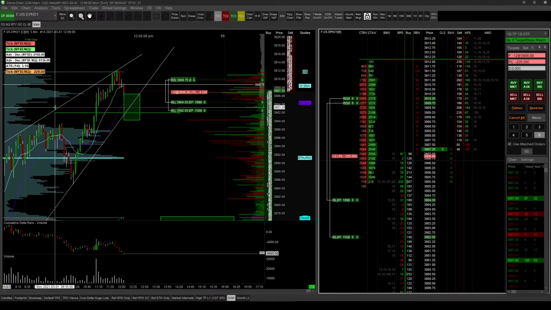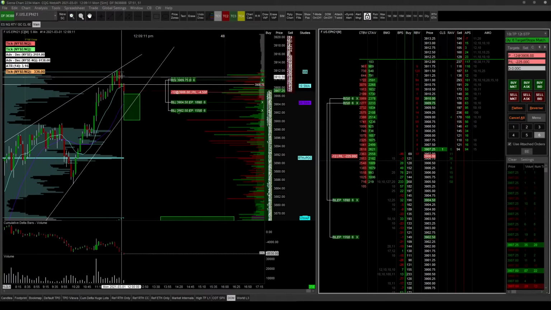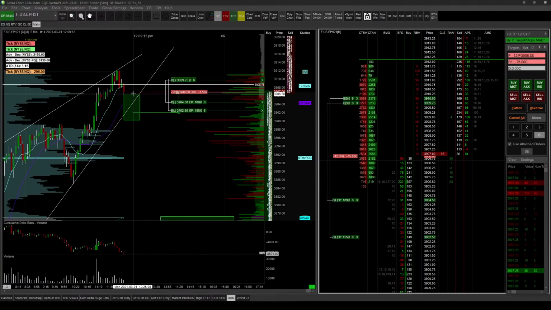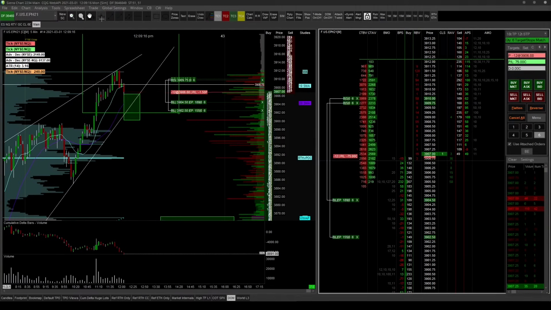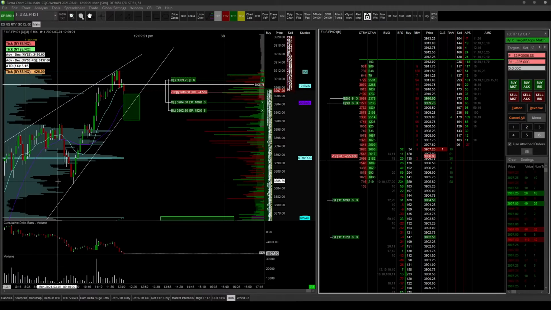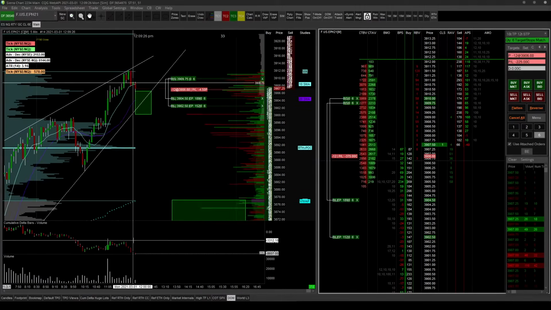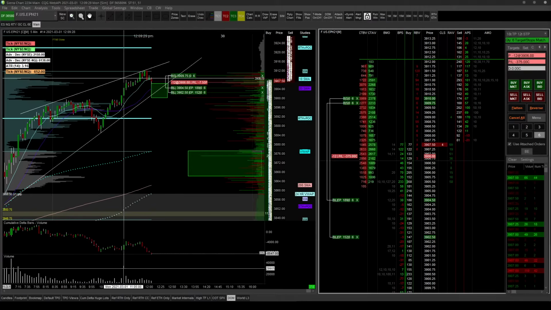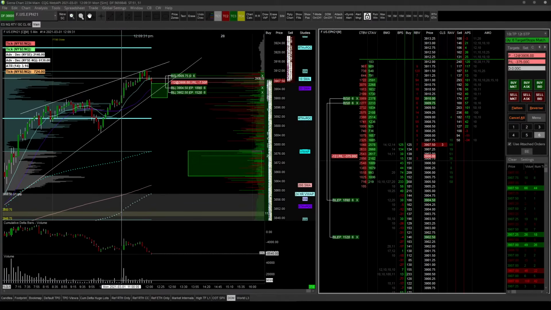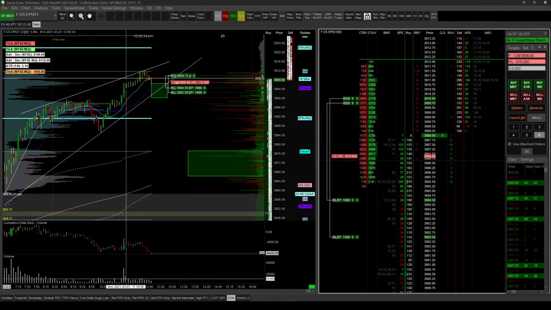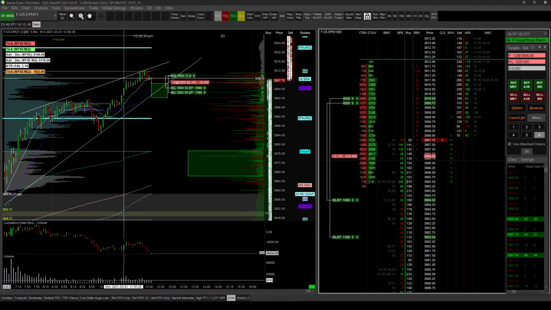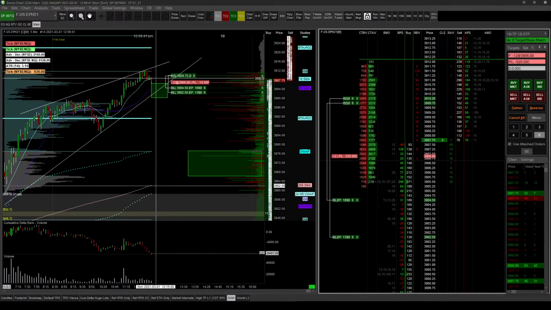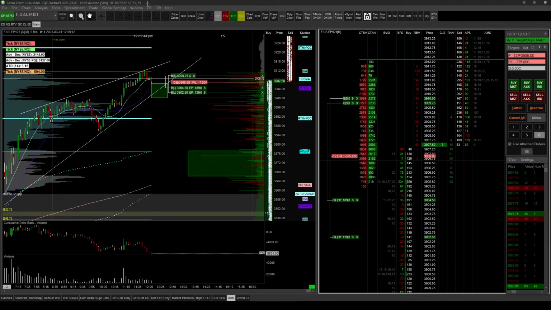So, I don't know. Let's see if it chops these stops up a little bit. We're getting, let's see, March, low volume here. I need to look at the, what is it, just the next contract.